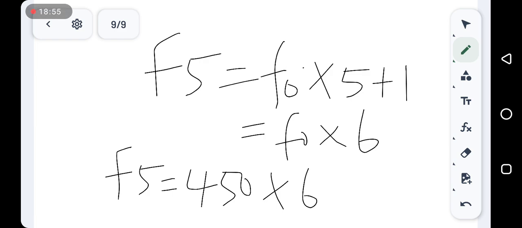When you multiply this, whatever it gives you is the answer. That is how to solve questions involving frequency of overtone. It depends on the position they ask you to find. Whichever they ask, you use the formula: add 1 to the n and multiply it by the fundamental frequency. Then you get your answer. It is very, very simple. Now let's move to another question.